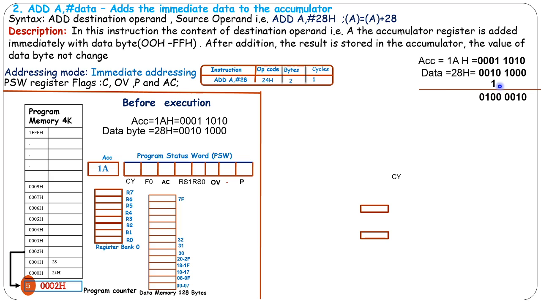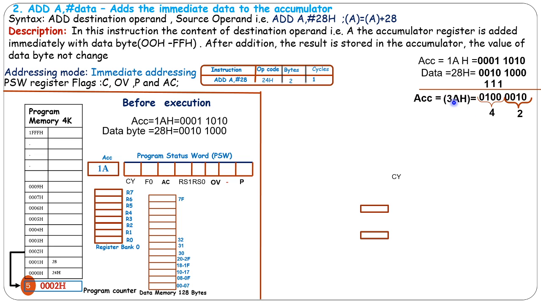So the carry is added here. 1 plus 1, that will be 0, carry will be 1. 1 plus 1, sum will be 0, carry will be 1. 0 plus 0 is 0, 0 plus 1 is 1, and 0 plus 0 is 0. So this is 4 and this is 2. So 42H is now the content of the accumulator. By mistake it was written 43H.